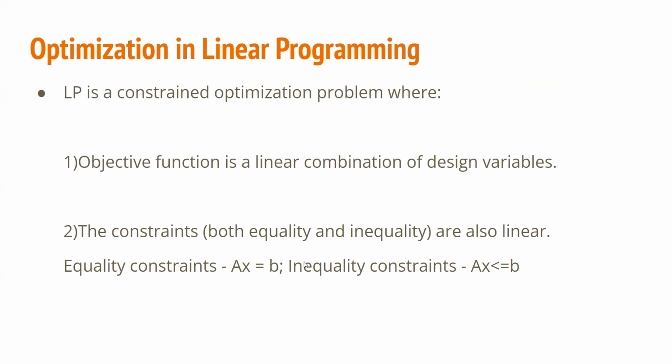The objective function you have to write in the form of a linear combination of decision variables, because linear programming by default assumes the equations will be in the form of linear relationships, and the constraints, both equality and inequality, will also be linear. So in linear programming, always remember everything will be linear.